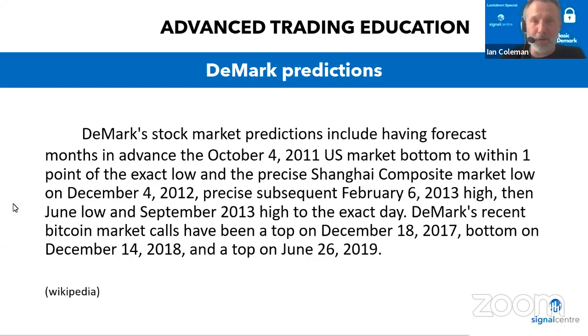So that's not a bad CV the boy's got there. It's 5 or 6, so I'm not counting them. It's 5 or 6 market tops and market bottoms to within a day or within a pip. When you think about price movement in some of these products that we're talking about here, that's a hell of an achievement as far as I'm concerned.